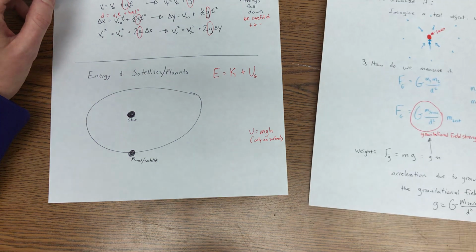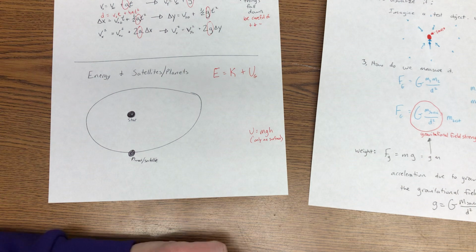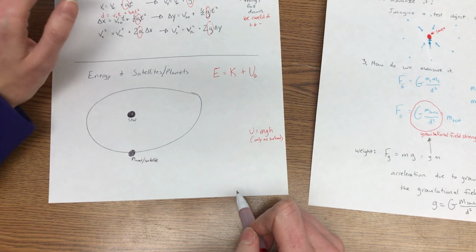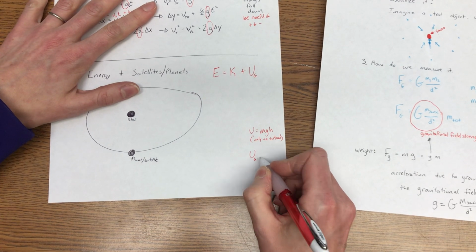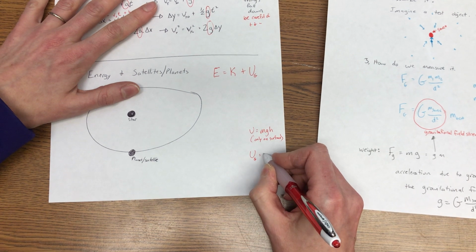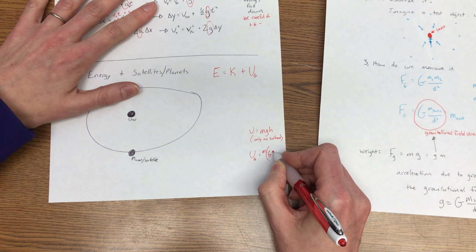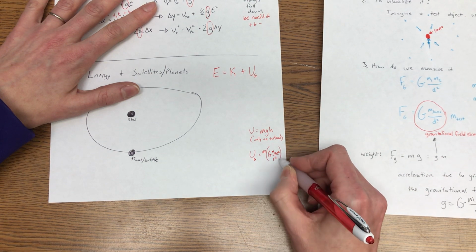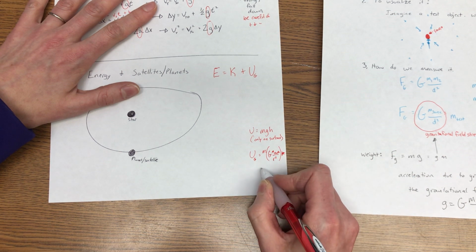We can actually take this formula and replace it for our planets, because this is kind of on the surface with that h. If we replace g with big G, M Earth, over R squared, and that h is really just R as well, we'll put an R there, okay?